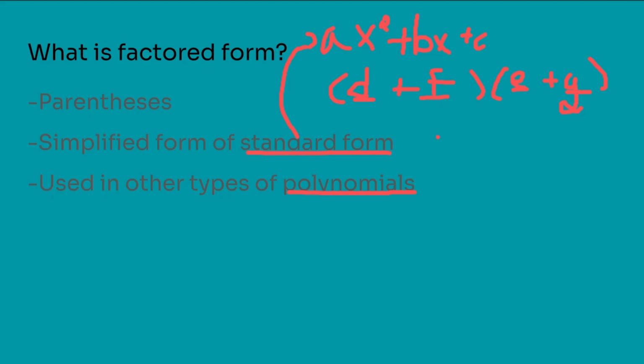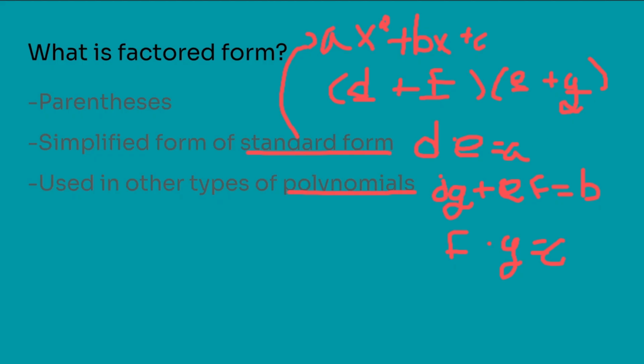I'll write a few equations for you, and I will explain them in a second. So what do any of these equations mean? d times e equals a.